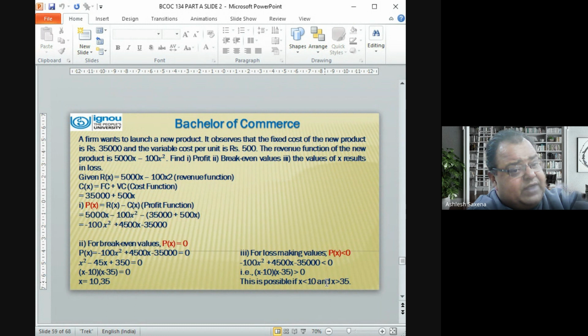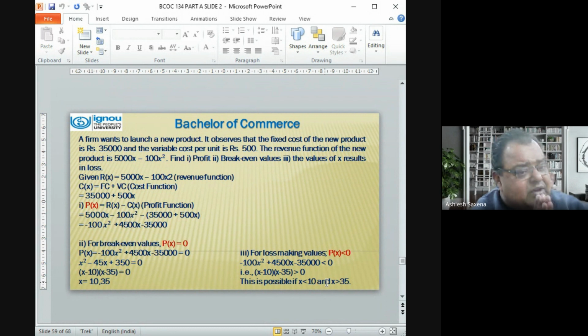Now the thing is that whatever is given to you, convert it into the form of mathematical language. Your revenue function is denoted by R(x). Your cost function is the sum of fixed cost and variable cost. Fixed cost is 35,000.